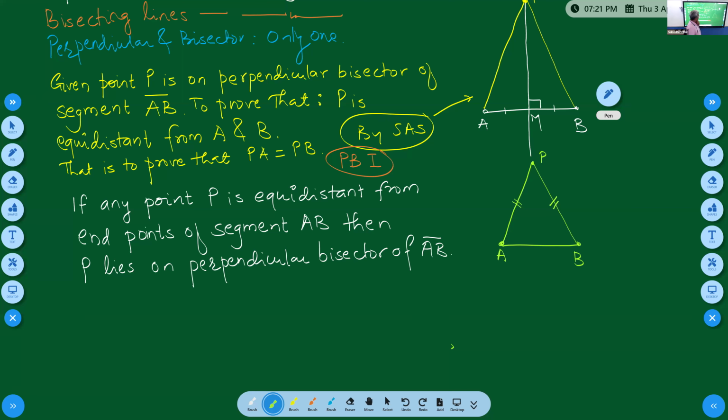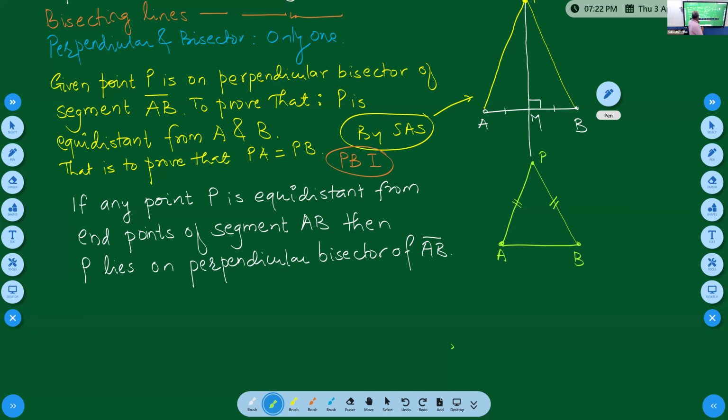Take the midpoint of AB, we can join the point P and the midpoint of AB. Suppose M.